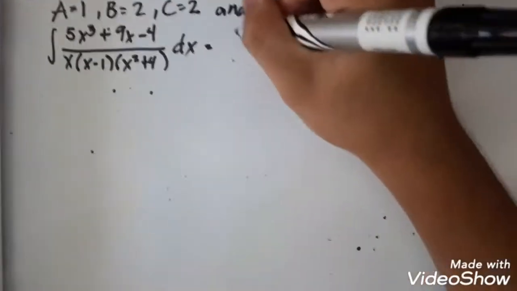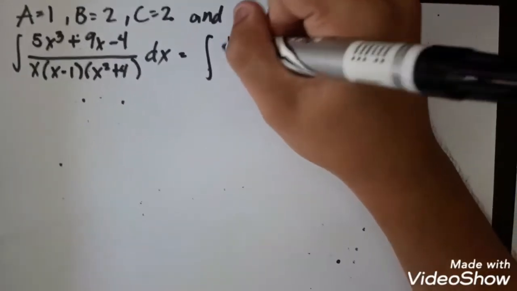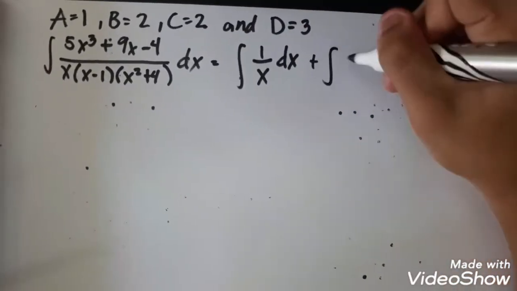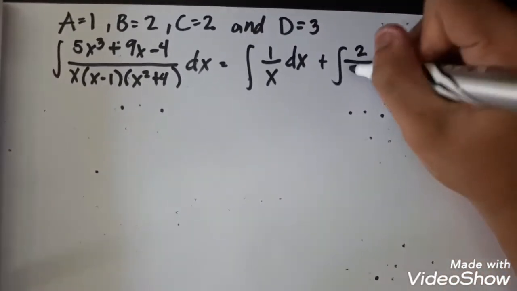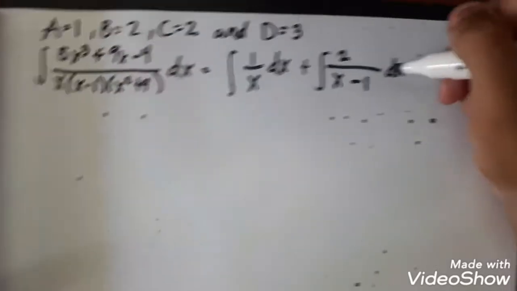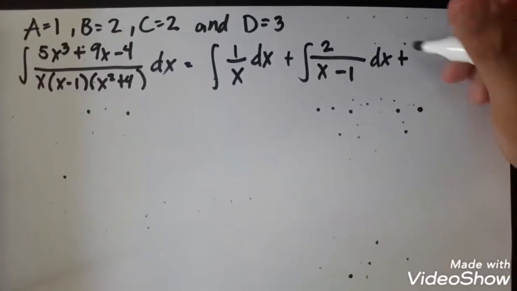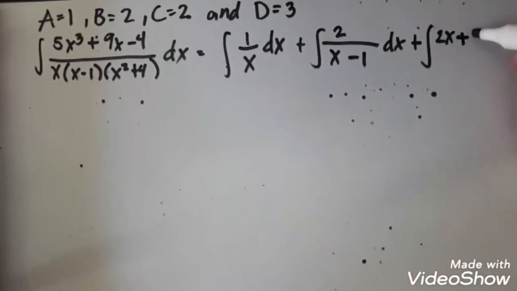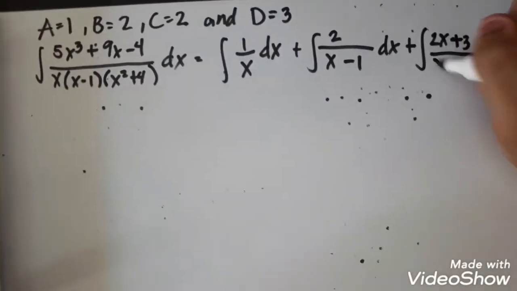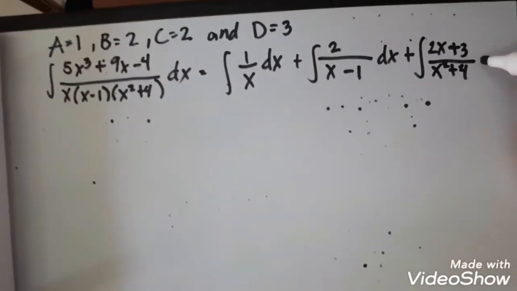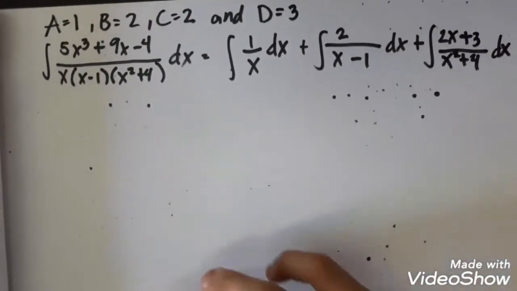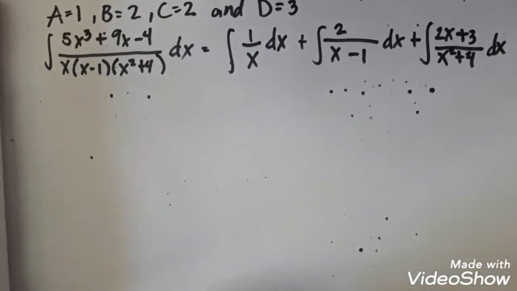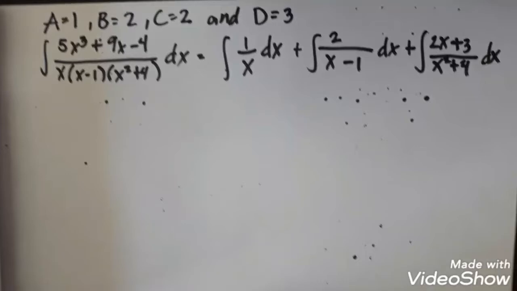Now the result is the integral of 1 over x dx plus the integral of 2 over x minus 1 dx plus the integral of 2x plus 3 over x squared plus 4 dx. And with basic algebra, you can split up the third integral above into 2 pieces, resulting in the final partial fraction decomposition.